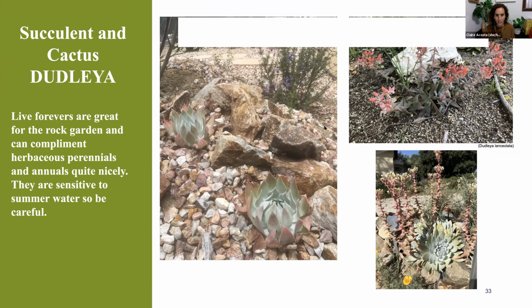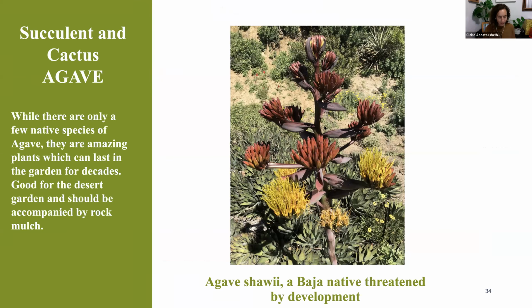Keep going then. Okay, well, we have an agave. This one you don't have a card for, but you guys are pretty familiar with agaves. This is a Baja native agave shawii, which has these really cool leaves. They have the serrated edge, but also a reddish orange lining on the edge, which is cool.